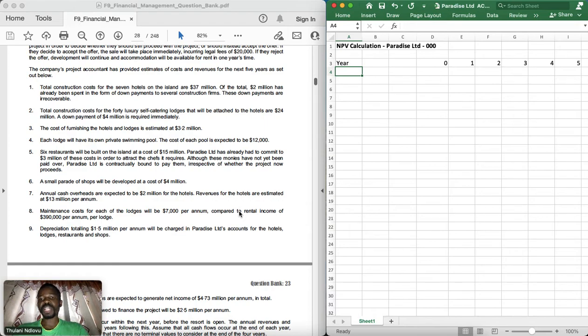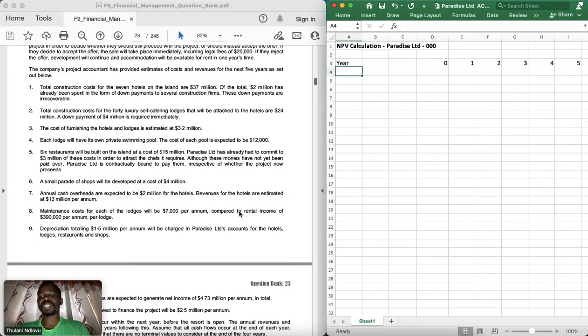The approach for this question is that we will be solving it note by note. First of all, we have to read the notes, then we'll come back and solve each note by note. Note 1: Construction costs for the 7 hotels on the island are 37 million. Of the total, 2 million has already been spent in the form of down payments to several construction firms.